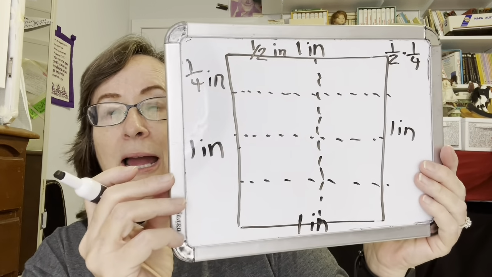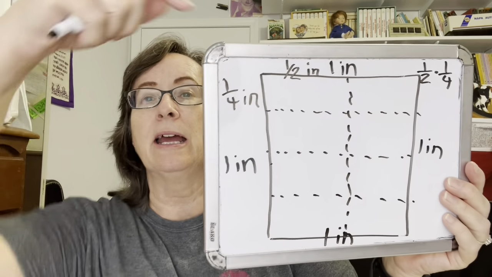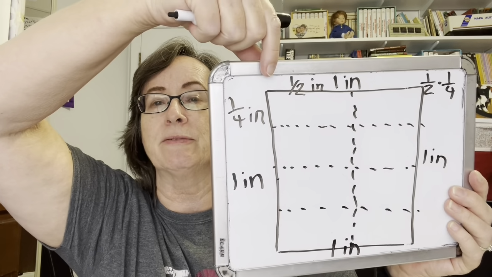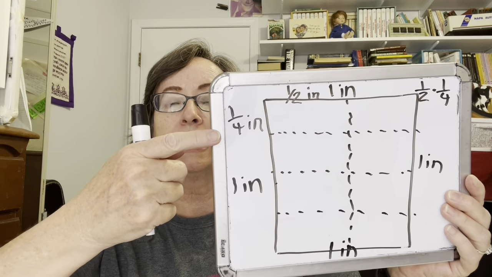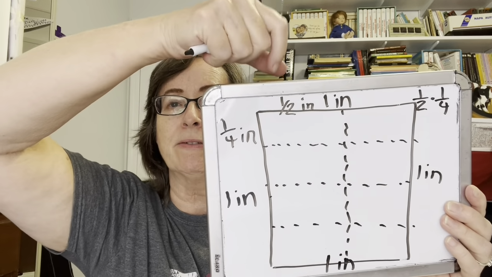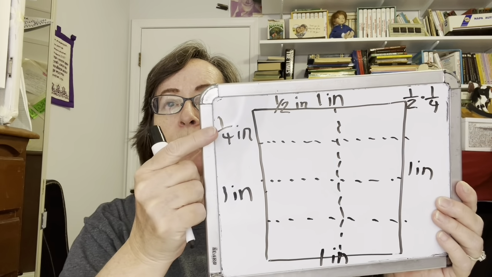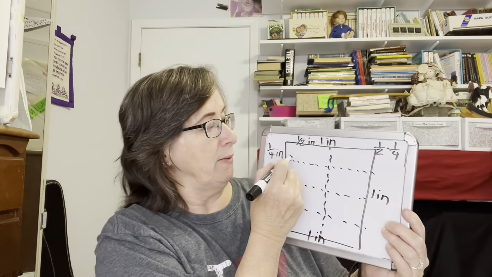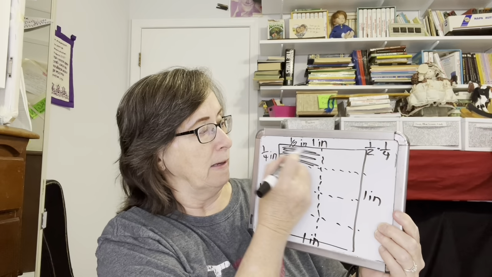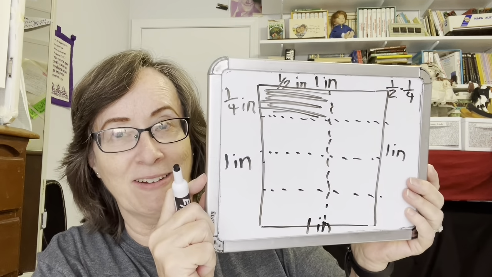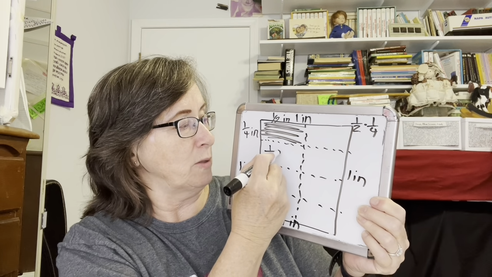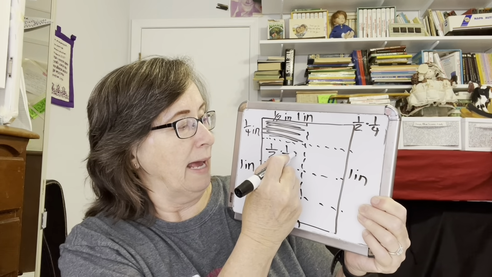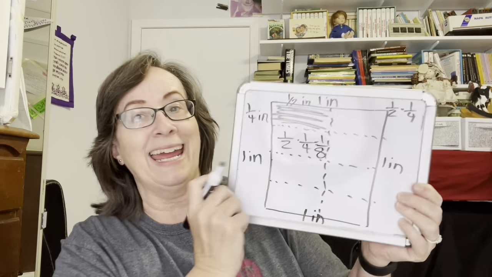Okay, so I'm making the fractions that I want. Up here is 1/2 of an inch, and here is 1/4 of an inch. So 1/2 of an inch times 1/4 of an inch will be this area right there, okay? And 1/2 times 1/4, as we saw before, is 1/8.